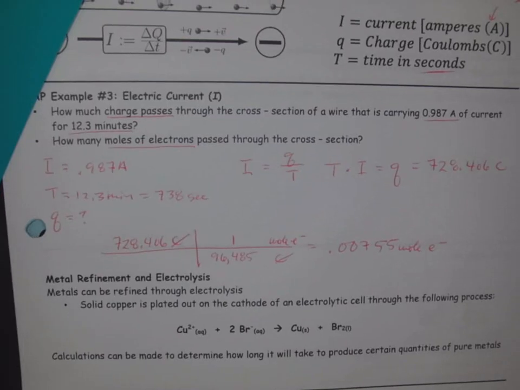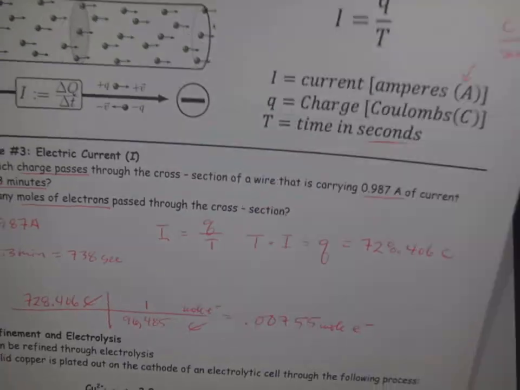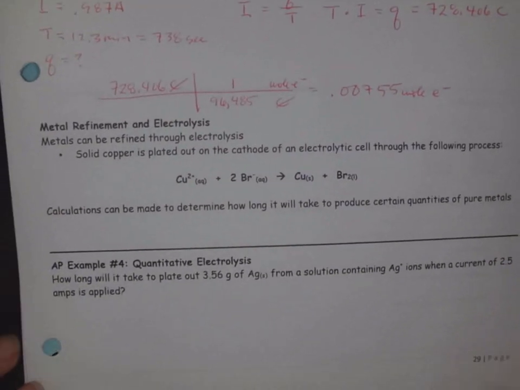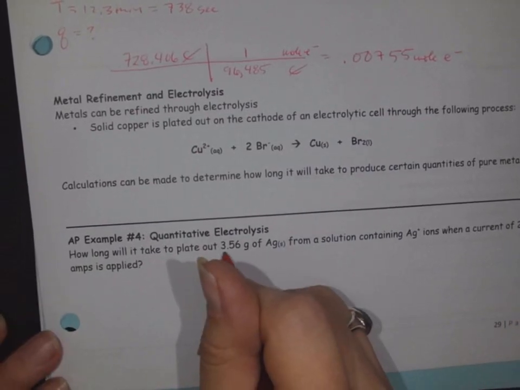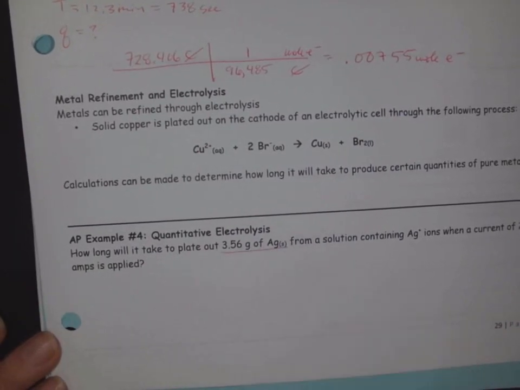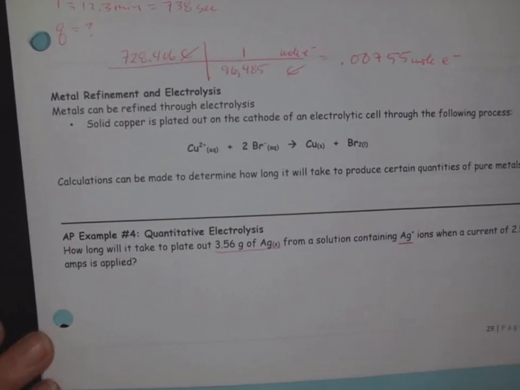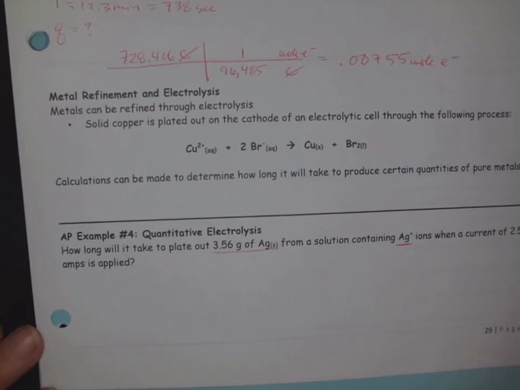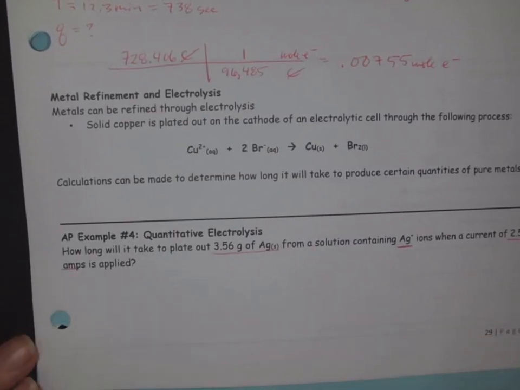All right, nice. Let's end by doing one example, and then we'll get some practice when we're in class. How long will it take to plate out 3.56 grams of silver from a solution containing Ag plus ions when a current of 2.5 amps is applied?